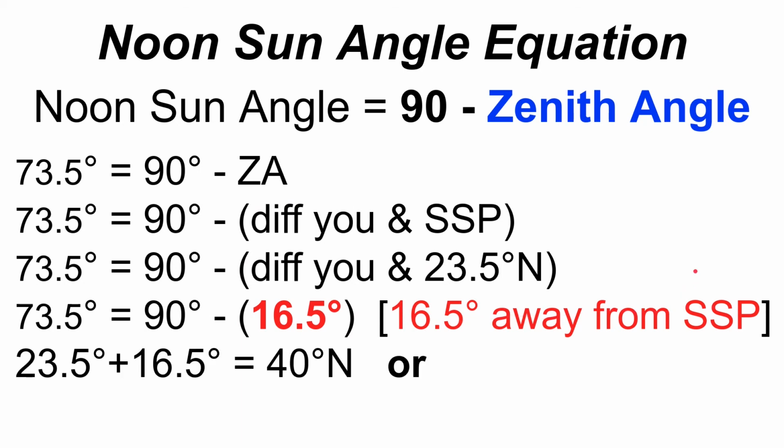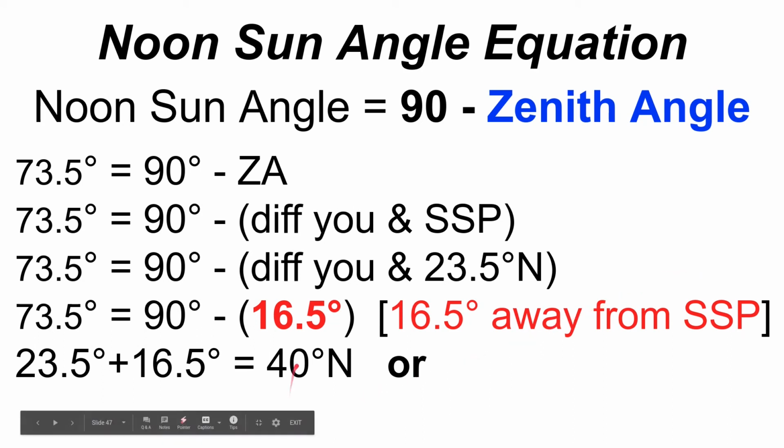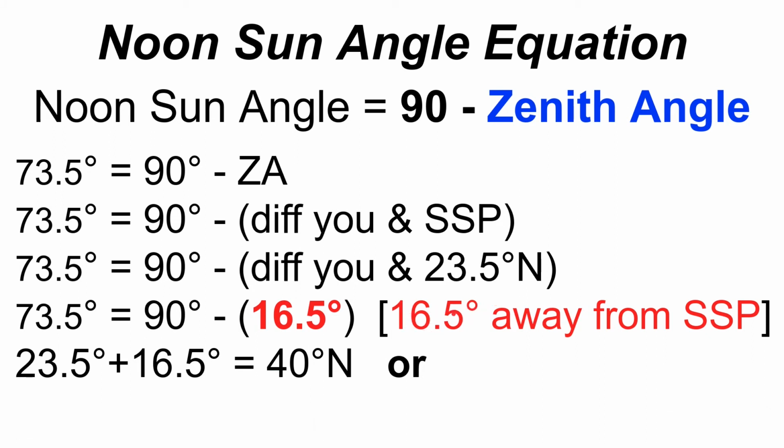So there's 2 solutions, right? We could either be at 40 degrees north, because that's 16.5 degrees away from the subsolar point going north, or going south, because it's an add or subtract.